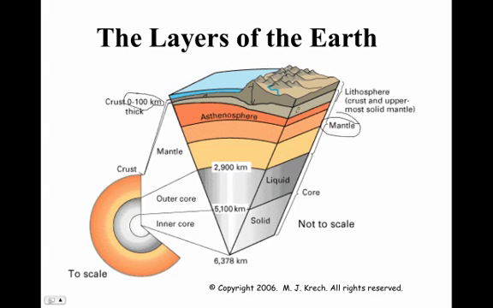There's actually a solid portion of the mantle and then a liquid portion of the mantle. Then in gray here, you'll see the final layer, and that's the core. So there's the outer core, which is liquid, and the inner core, which is solid. So you can see proportionally, the crust is just a tiny shell-like section, then the mantle, and then the core, the inner and outer.